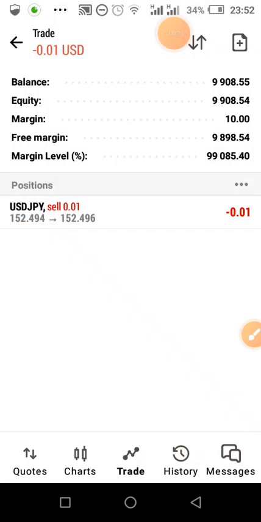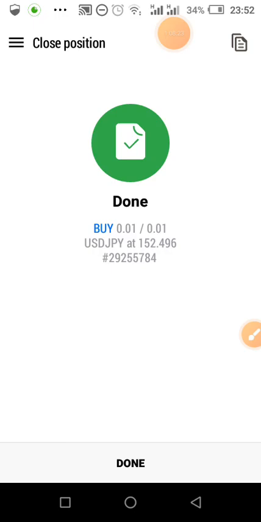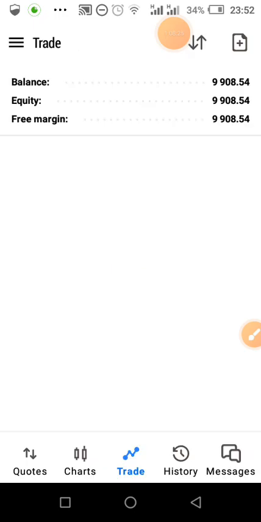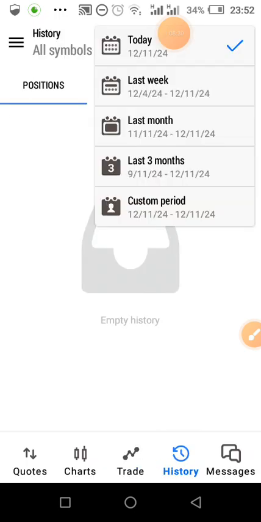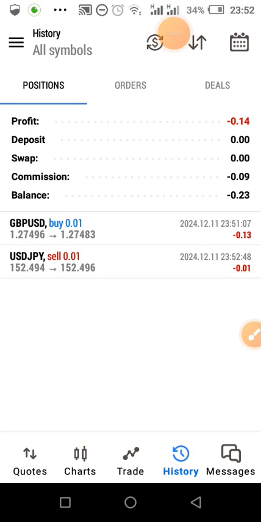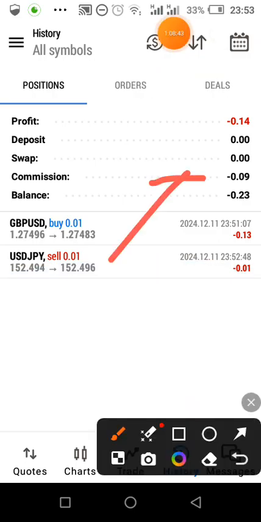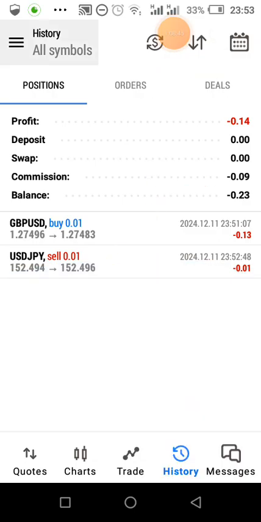And I used the smallest lot size, 0.01, so that it will be easy for you to know how much cost it will be on trading small accounts. So you can see that the commission cost has increased by 4 cents to now be 9 cents.